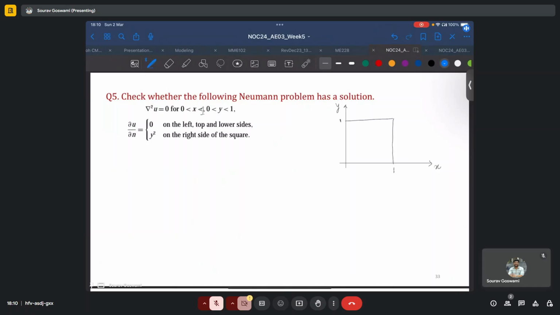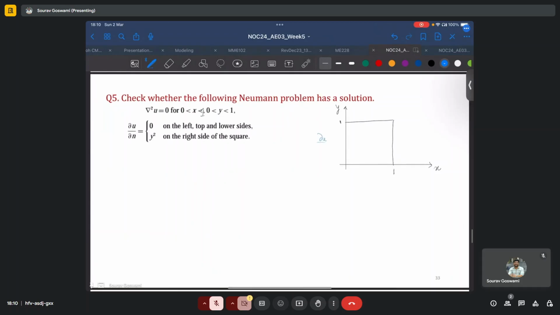So dou u dou n is equal to 0 on the left, top and lower sides, and on the right side, dou u dou n is equal to y square.